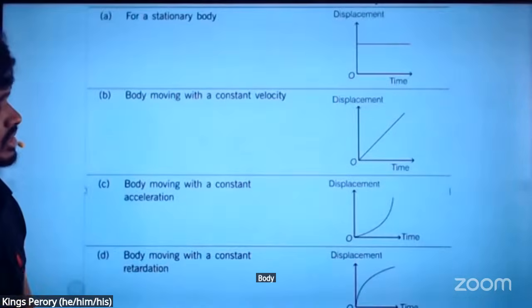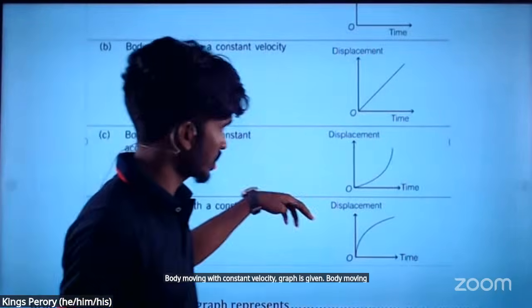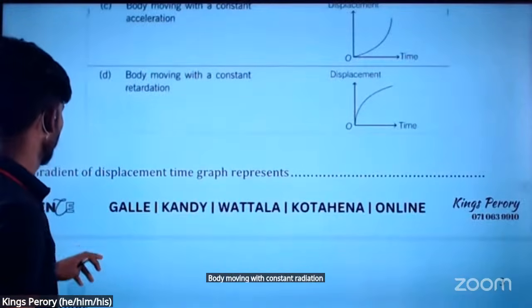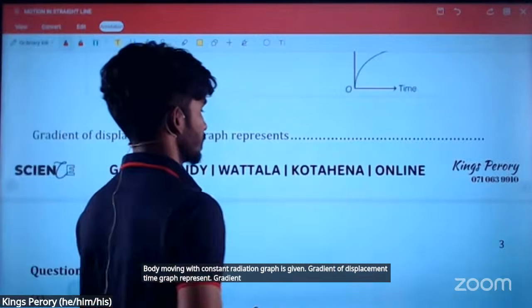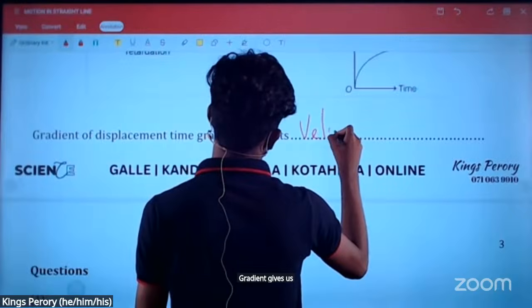Body moving with constant velocity, graph is given. Body moving with constant acceleration, graph is given. Body moving with constant retardation, graph is given. Gradient of displacement time graph represents what? Gradient gives us velocity.